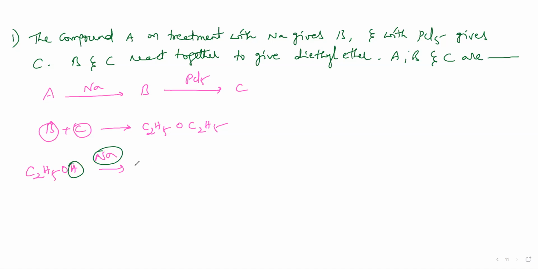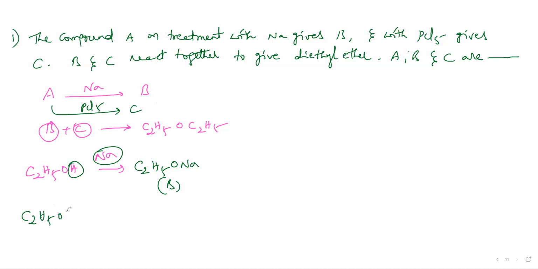H plus will be substituted by Na plus, so this is B. Actually it's not the sequence, A only with PCl5 gives C. Again A, C2H5OH plus PCl5 gives C2H5Cl plus POCl3 plus HCl.